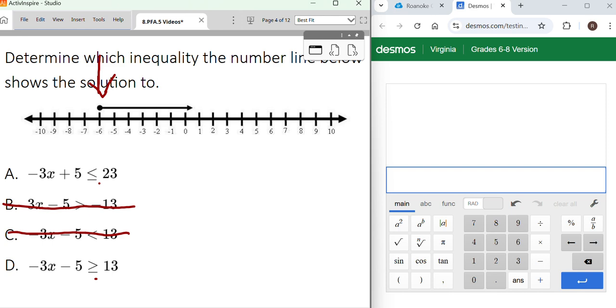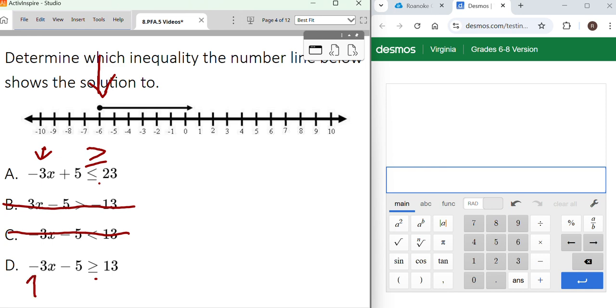The next thing I'm going to look at, and I will solve the one we choose just to be certain and show you, but do you see here how this has a negative in front of the variable? That means in the final answer, this inequality is going to have to change directions. So does that match what our solution looks like? It definitely does. It's pointing toward the right. But let's go down to the bottom.